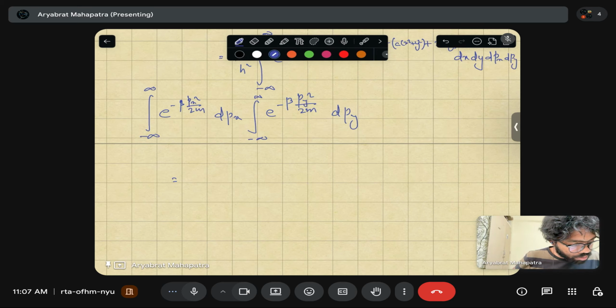If you have the integral of exponential of minus a x square dx from 0 to infinity, then it's root pi over a, or basically pi over a to the power half. If you do that here, you will find out.